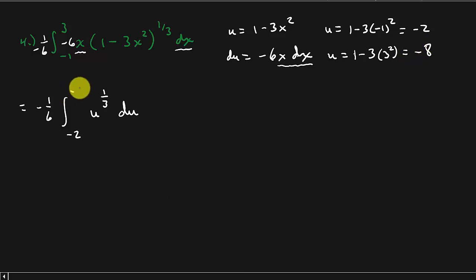I believe so. I'll double check, make sure I didn't mess up. And yes, I messed up. This should be negative 26. I think I was thinking 1 minus 9 in my head. I wasn't paying attention to that squared.